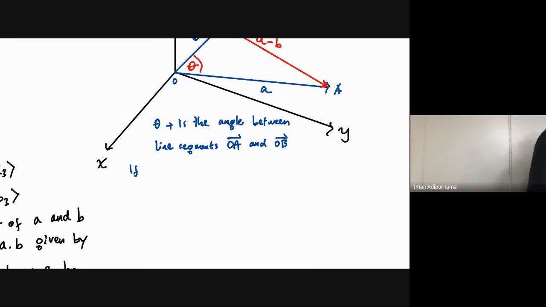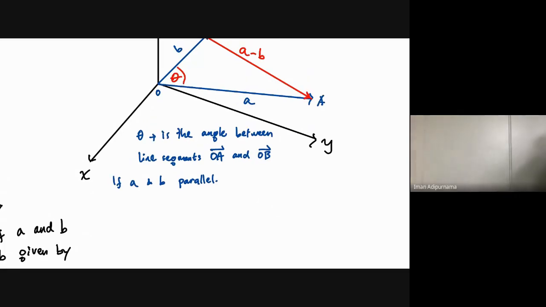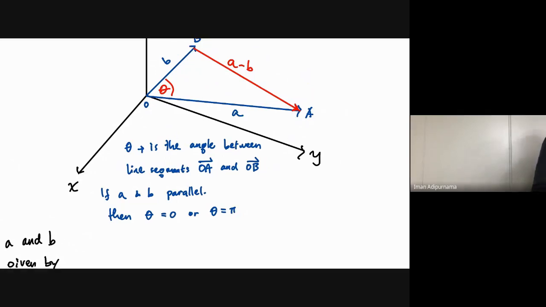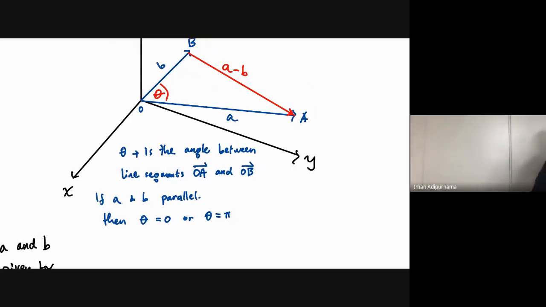So if vectors A and B are parallel, then the angle is 0 or theta equals pi, right? If both are parallel, maybe if B is here and A also goes here, then the angle can be 0 or it's 180, right?